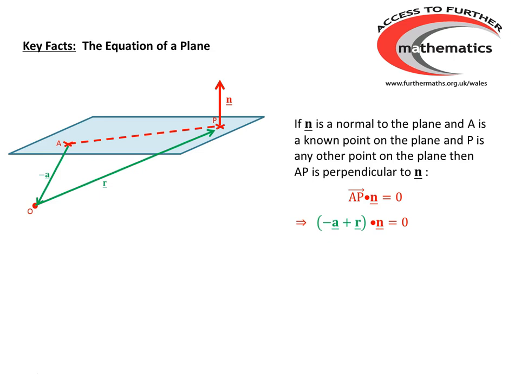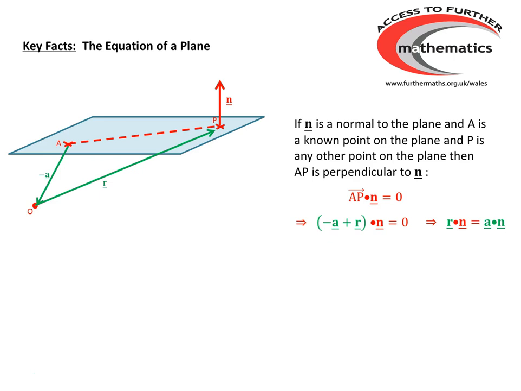So the fact that AP dot n equals 0 tells me that the scalar product of minus a plus r with n must equal 0. Multiplying the brackets out, we get minus a dot n plus r dot n equals 0. In other words, r dot n must equal a dot n.